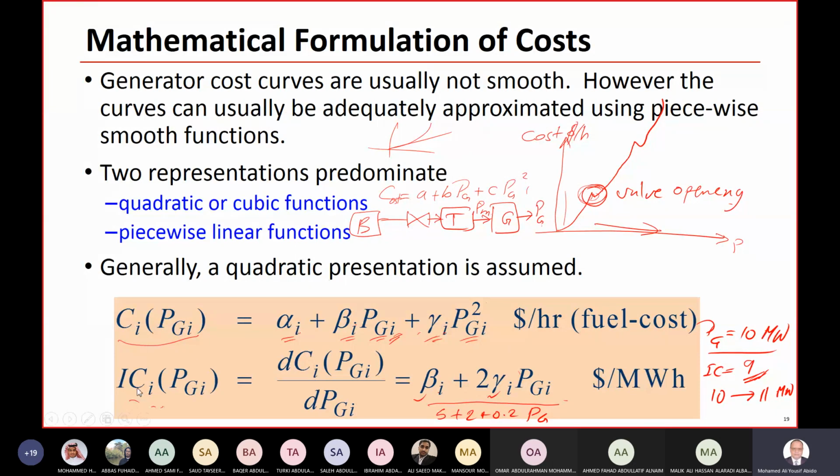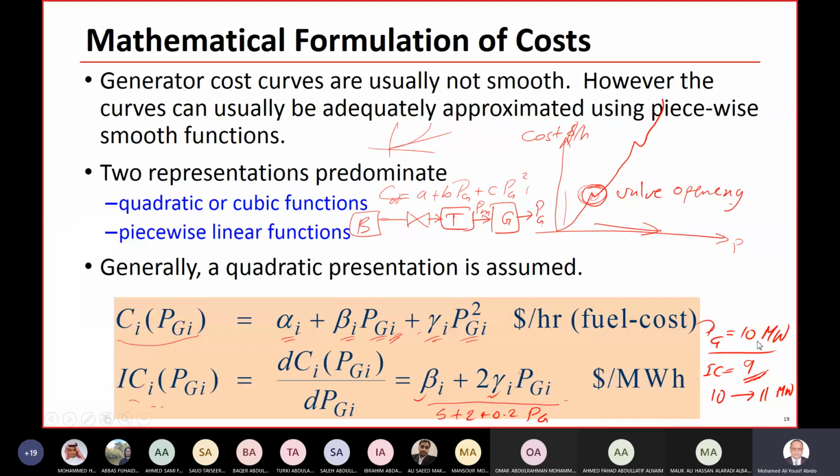The physical meaning of the incremental cost is, as you can see here, dollars per megawatt hour. If PG equals, for example, 6 megawatts, 6 multiplied by 0.2 times 2 is 2.4, plus 5, so 7.4.